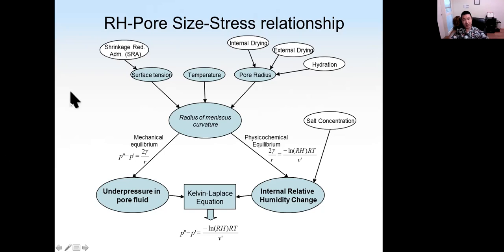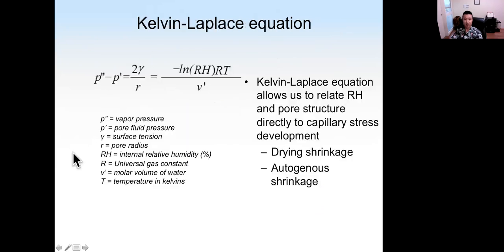The shrinkage stress is affected by many factors, as we can see here. The under pressure in the pore fluid, which is P double prime minus P prime, is affected by many factors. P double prime is the vapor pressure, P prime is the pore fluid pressure.